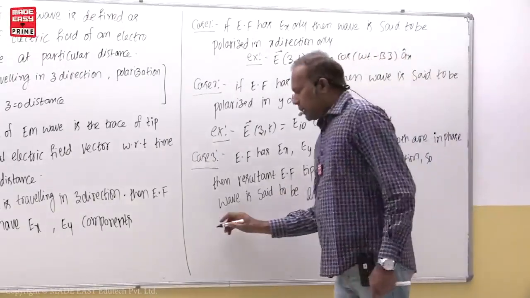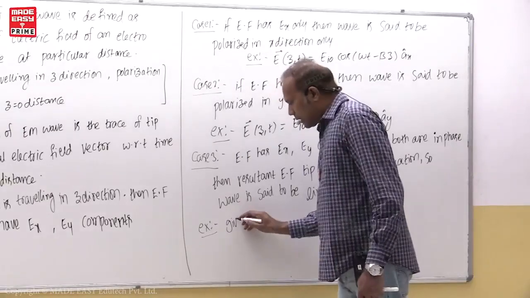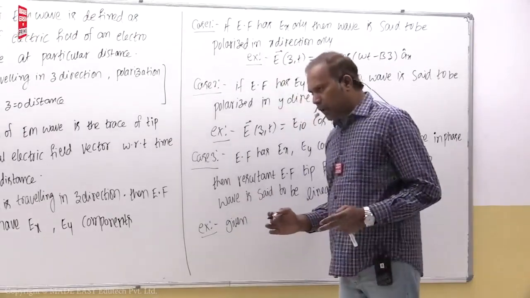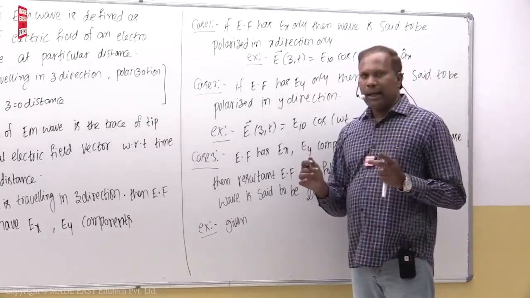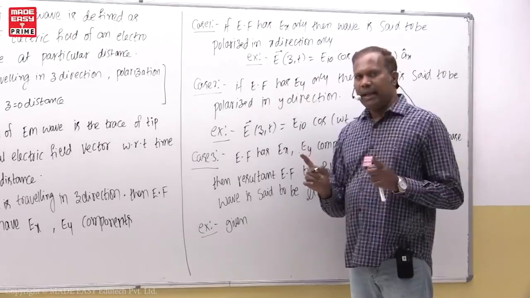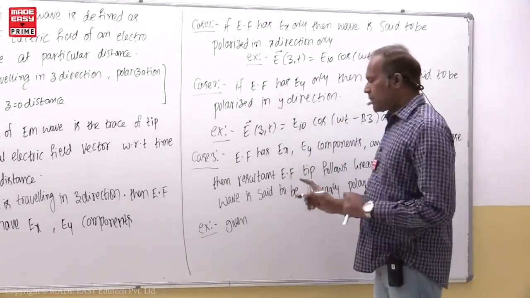It is given, students. Example we are solving. That means the person who is sending the electromagnetic wave is sending the power in such a way that power is carried by the electric field X component as well as the Y component. Then only we discuss this one.